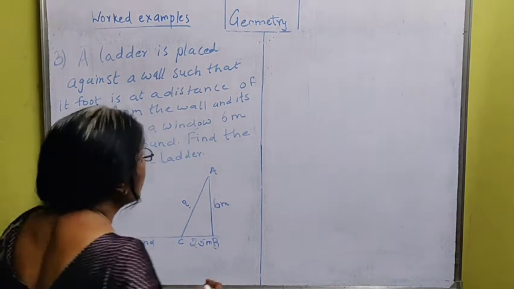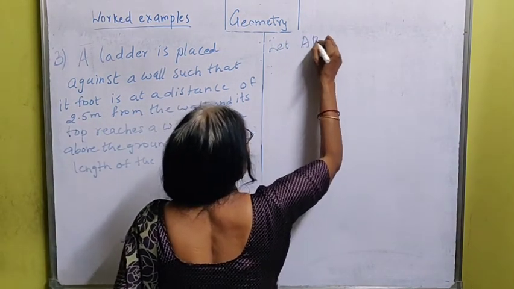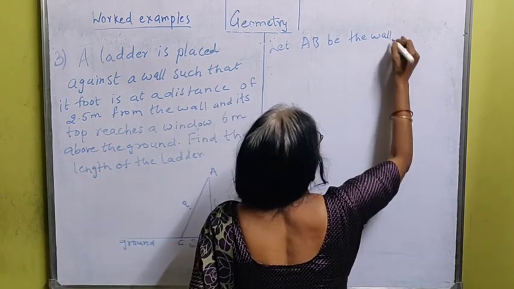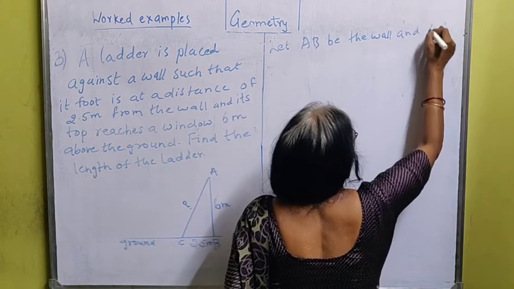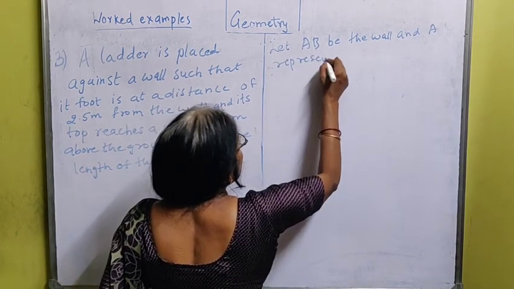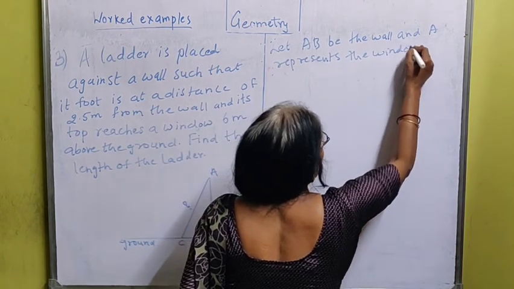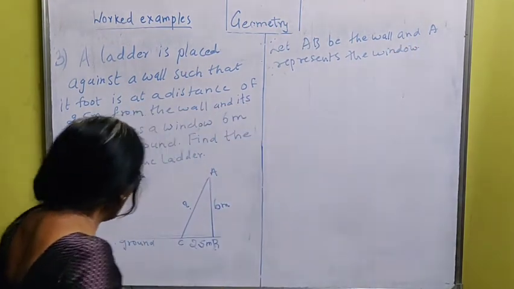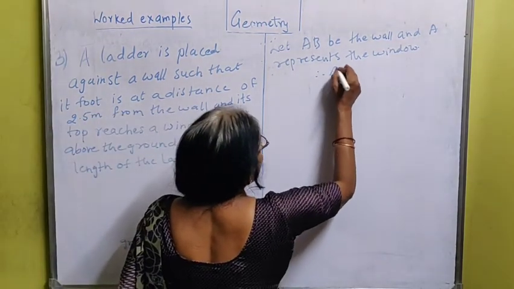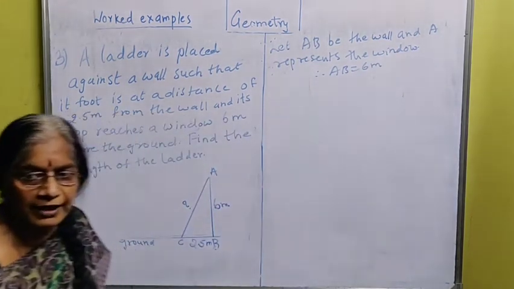So first what we are going to write: let AB be the wall, and A represents the window. AB is given, it is equal to 6 meter. So therefore AB is equal to 6 meter. That we have written down.